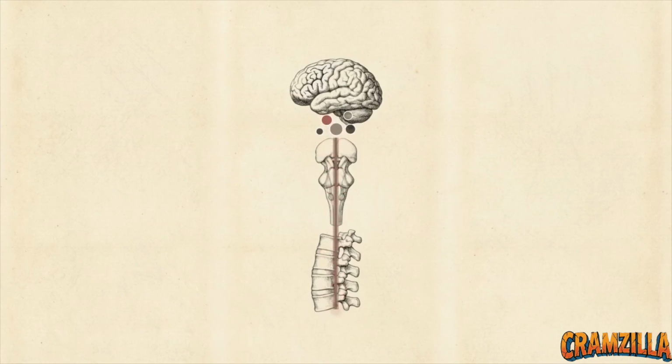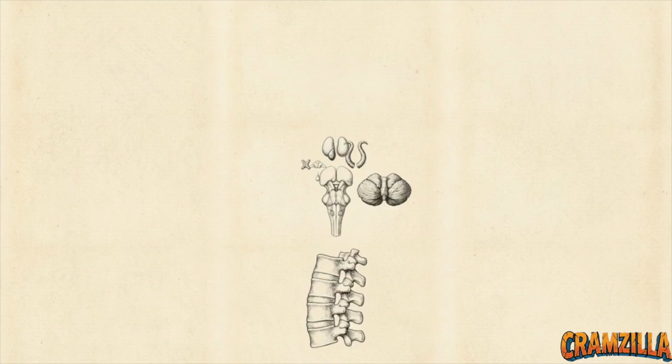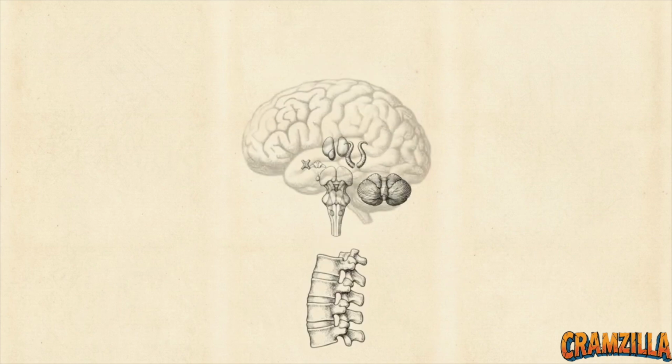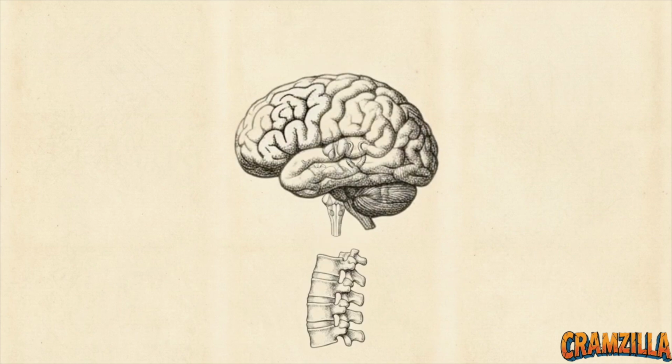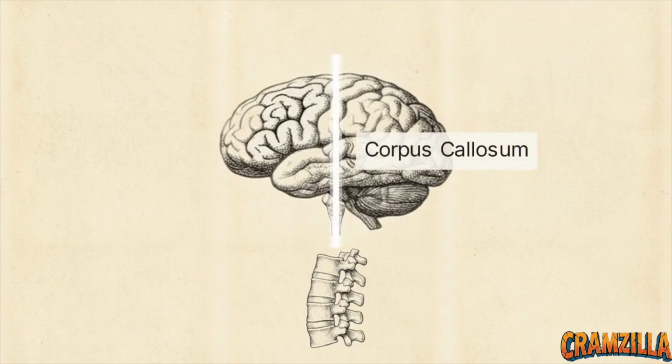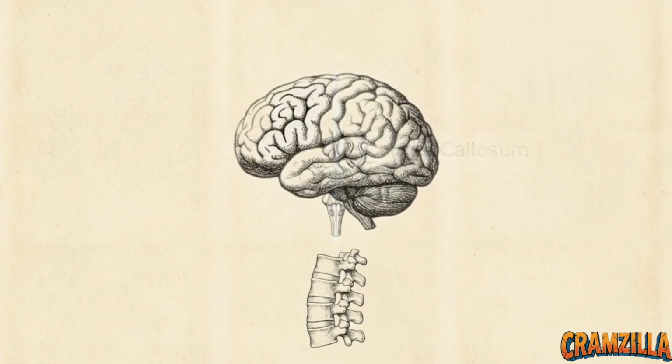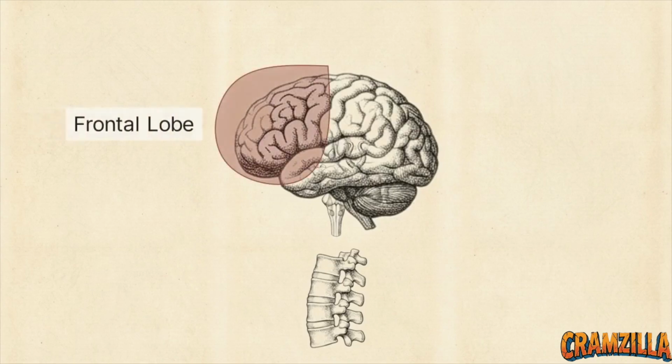through established motor habits. Enclosing all of these deep structures is the cerebrum. The two hemispheres communicate across a white matter bridge called the corpus callosum. The outer gray matter layer is folded into ridges called gyri and grooves called sulci. Anterior to the central sulcus is the frontal lobe, the seat of conscious thought, personality, and executive decision-making.